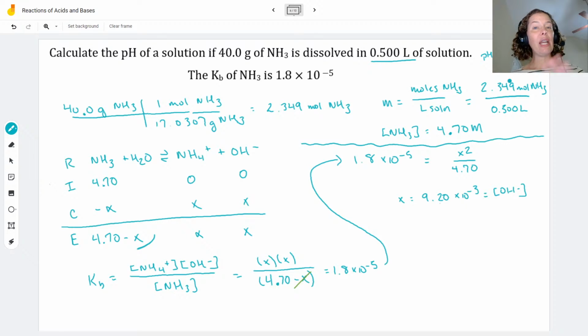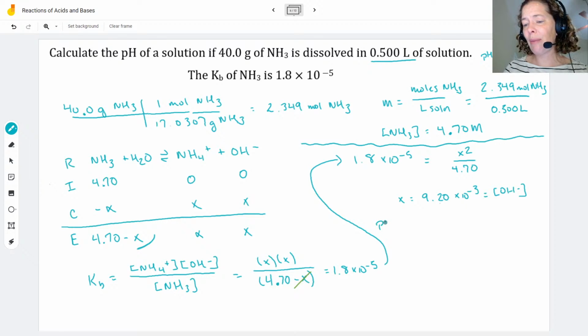But you can also take your concentration of hydroxide and then calculate your concentration of hydronium, and that will give you your pH. So again, there are different ways to do this. Choose the way that makes the most sense to you.